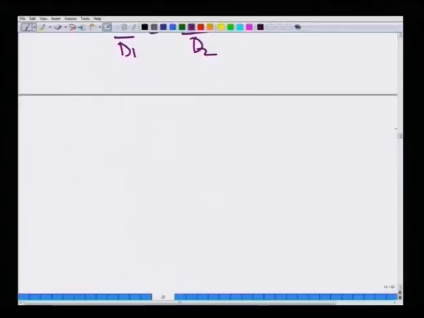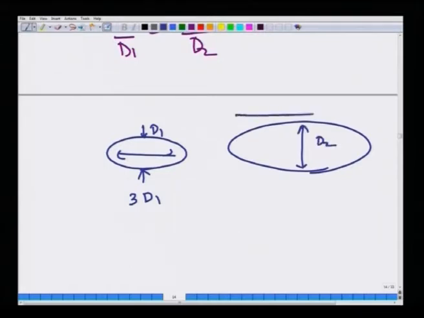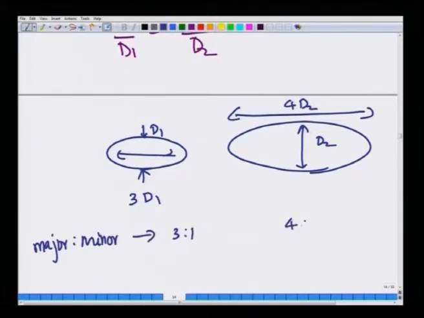geometrically similar. Another example of geometrical similarity is this. Suppose you have flow past an ellipse. Let us say the minor axis is d1 and the major axis is 3d1, and in another case the minor axis is d2 and the major axis is 4d2. So, the major to minor ratio is 3:1 here and it is 4:1 here.